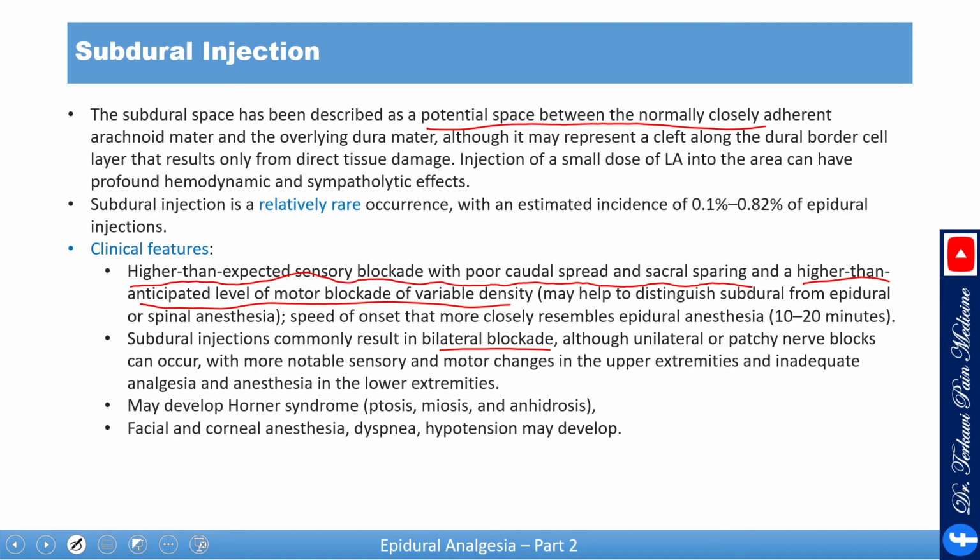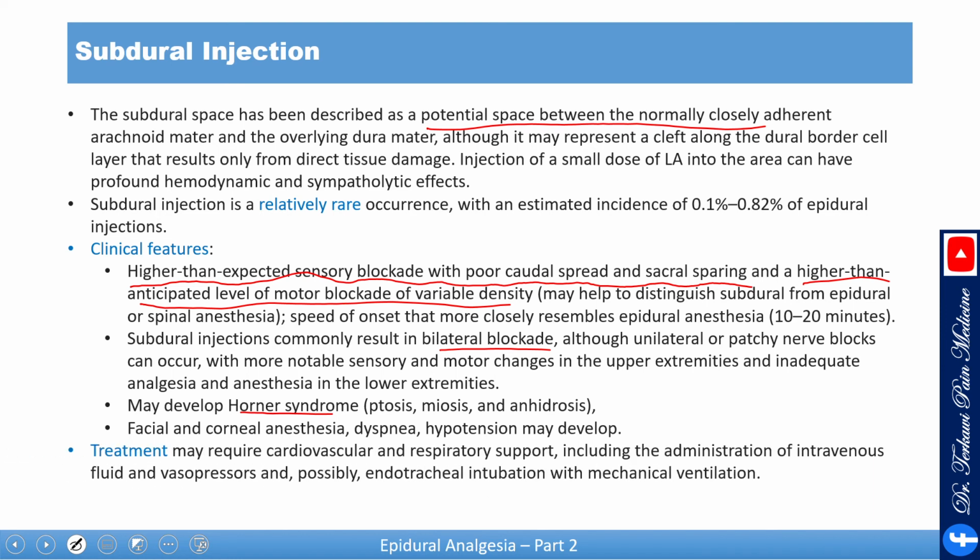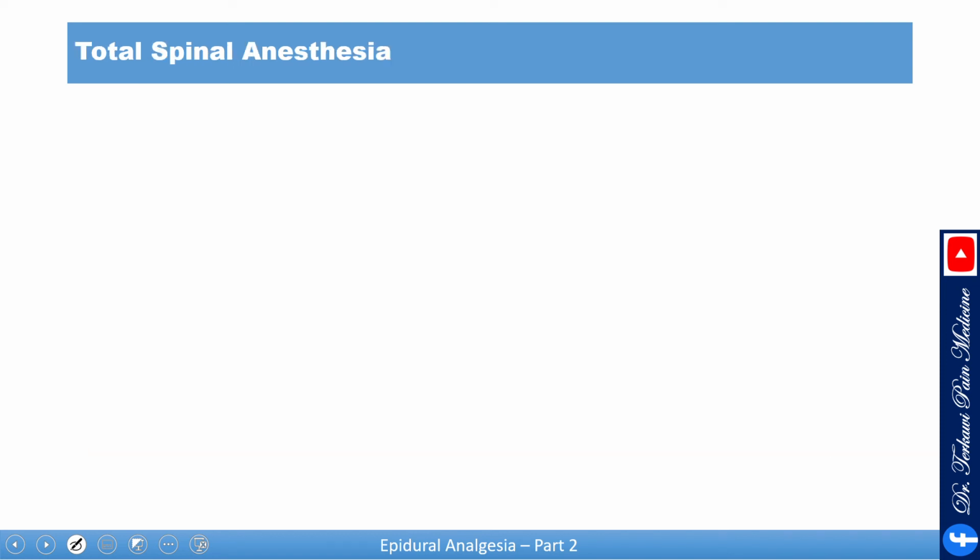A patient may develop Horner syndrome, facial or corneal anesthesia, and dyspnea; hypertension may also develop. Treatment may require cardiovascular and respiratory support, including IV fluid, vasopressors, and possibly securing the airway.